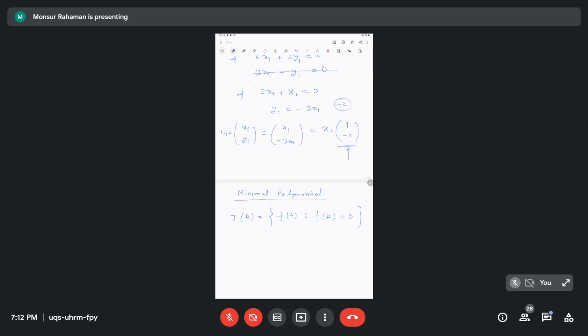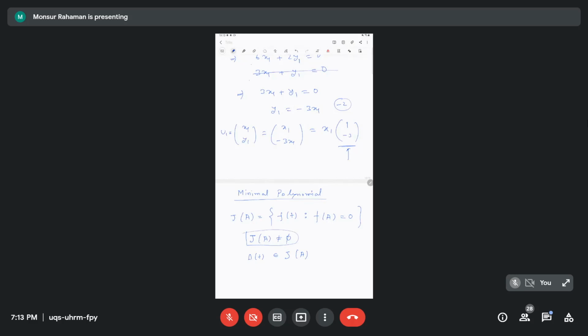So this set is non-empty. Who guaranteed that? The Cayley-Hamilton theorem says that every matrix satisfies its characteristic polynomial. So this characteristic polynomial belongs to the set J. That guarantees that this is a non-empty set.